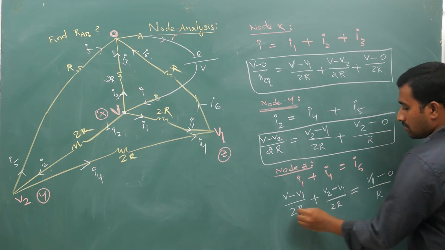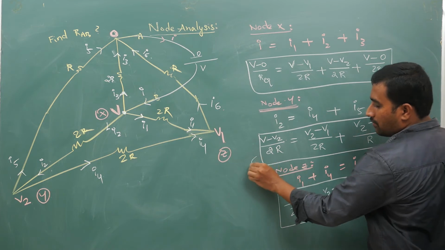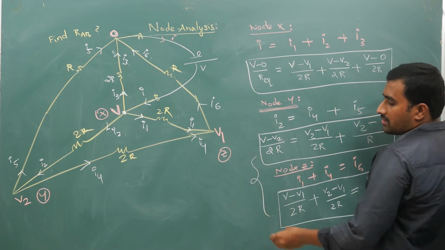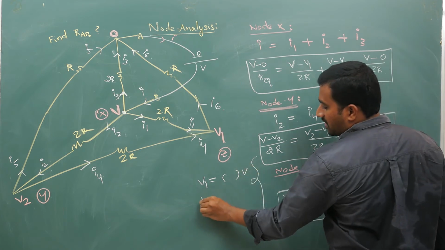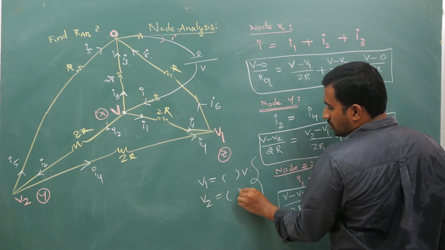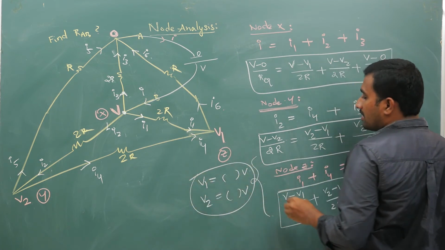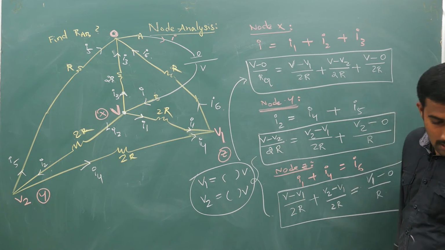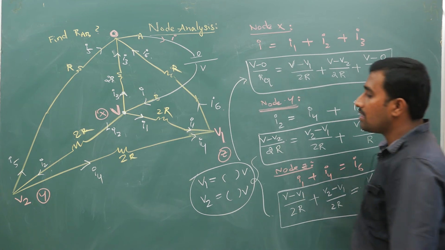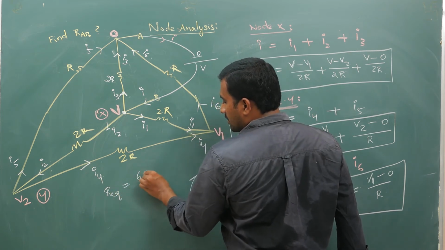Now take these two equations like how I have solved, multiply with 2R in the denominator, get V1 equal to something into V, V2 equal to something into V. Once you get these two, take these two values and substitute into this equation, and that should give you R equivalent is equal to 6R by 7.